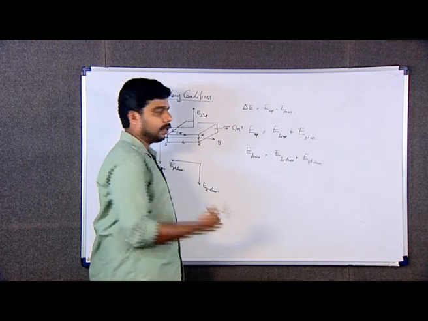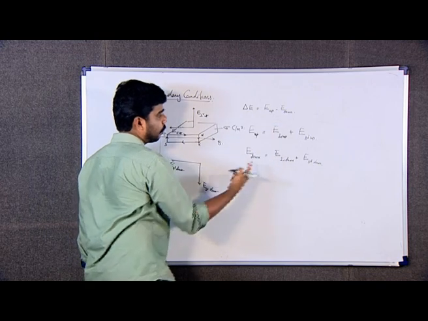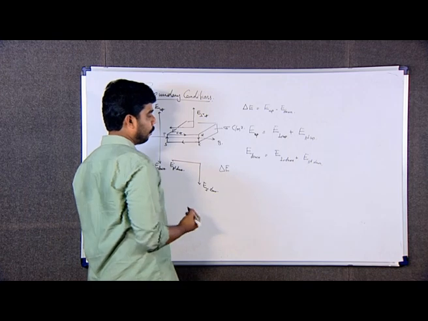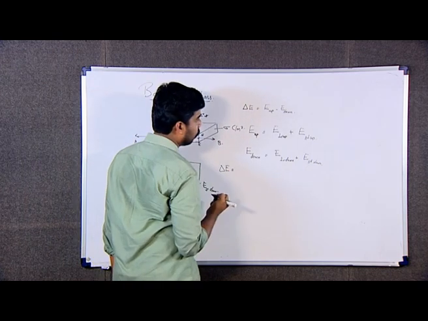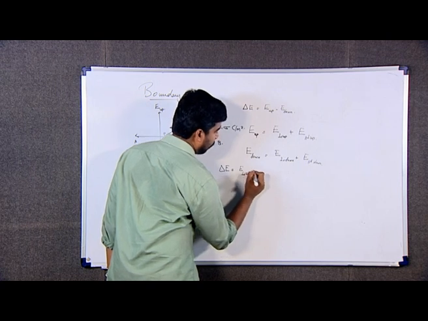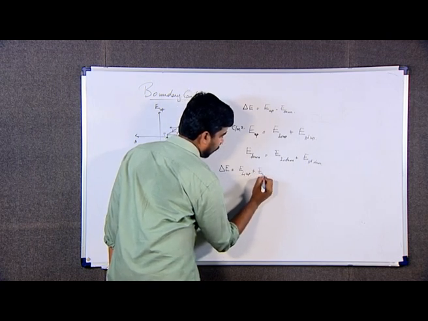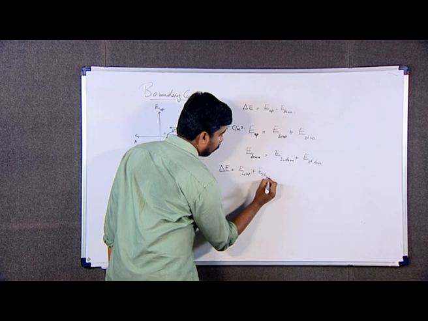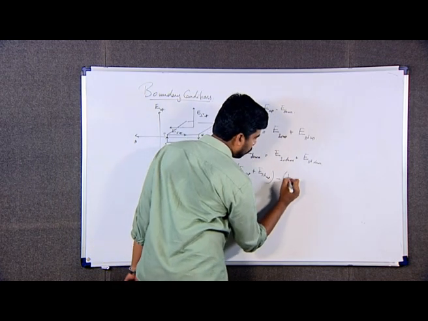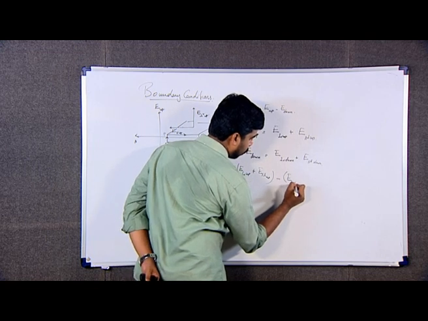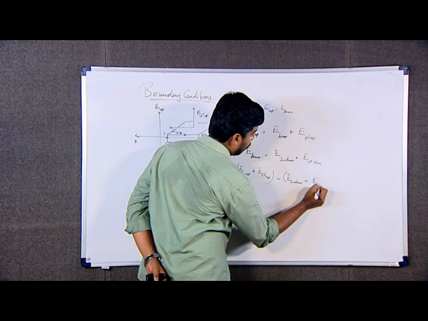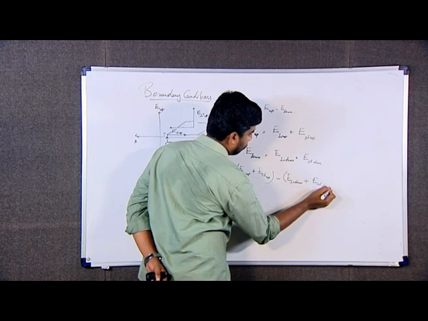So, we know that you can club these equations and you will get an expression for delta E, where delta E is equal to E perpendicular up plus E parallel up, minus, for the down component, E perpendicular down plus E parallel down.